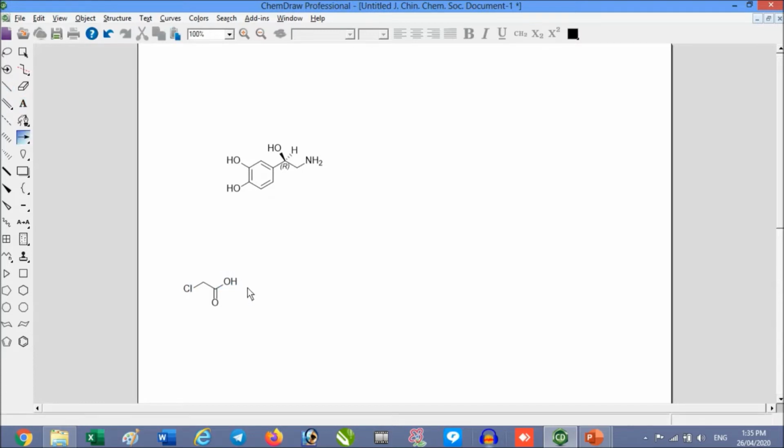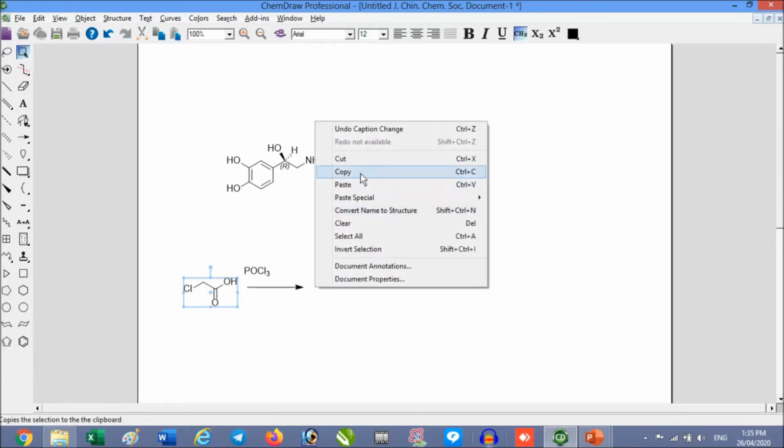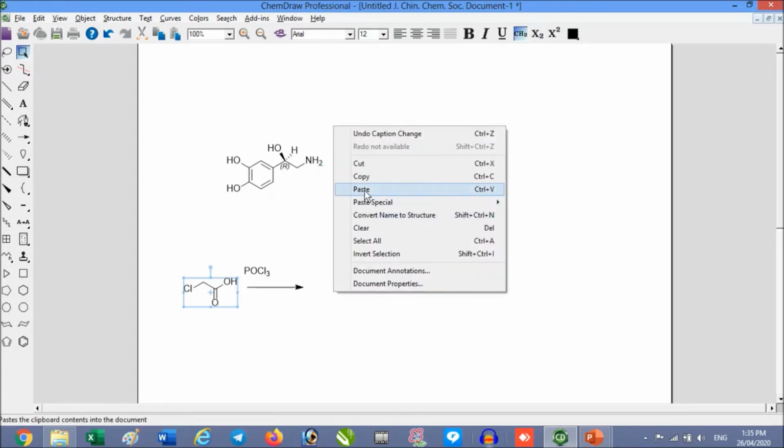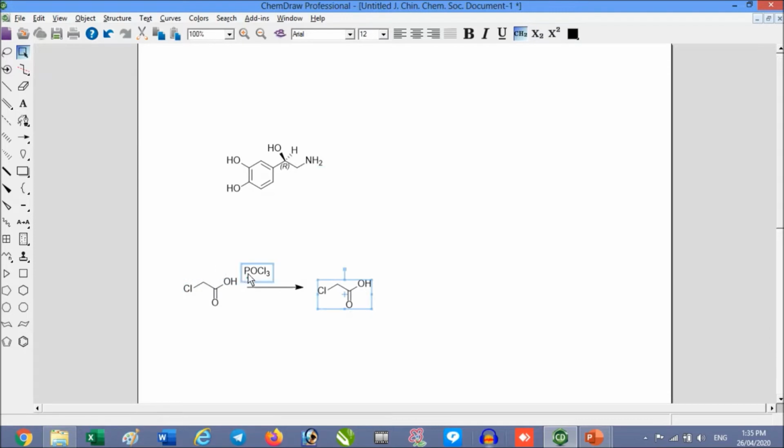When you use phosphorus oxychloride, POCl3, this is going to convert the chloroacetic acid: OH is going to be replaced by Cl.